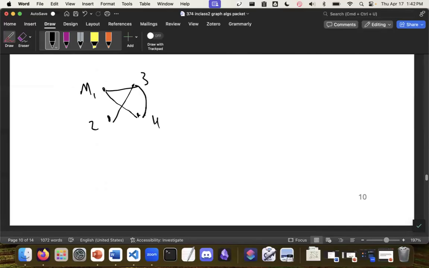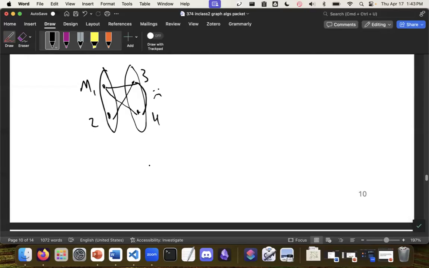If, as we're labeling things, there's an edge between 3 and 4, then this ends up being not a bipartite graph. So once we have these two sets and we add an edge within one set, then it becomes not bipartite. So either the graph is or it isn't. Just something to keep in mind as we go.